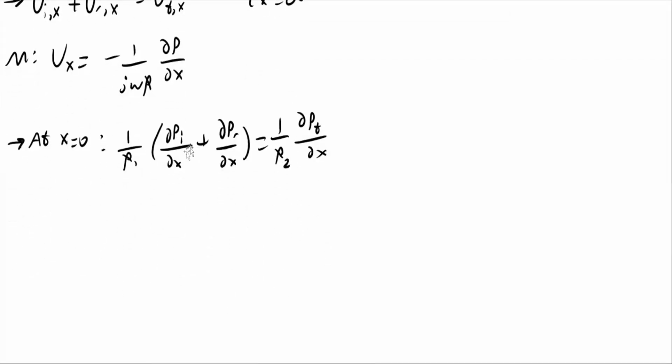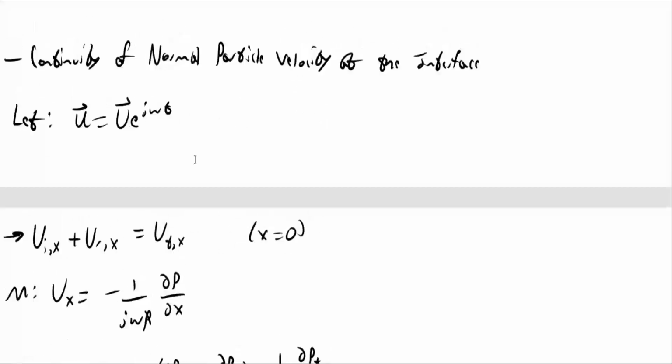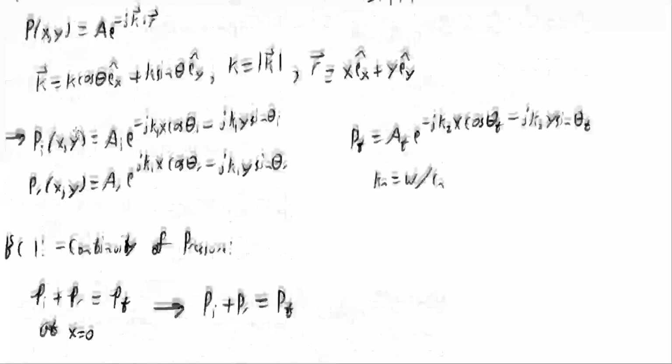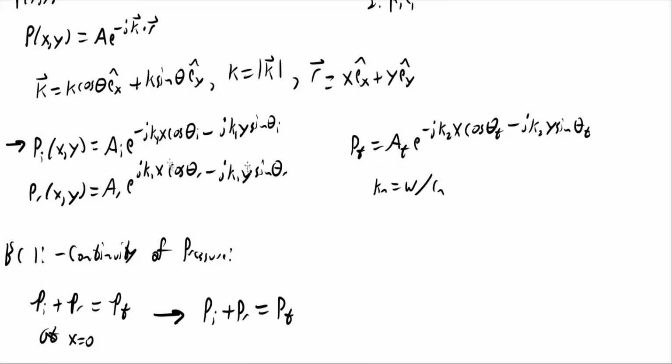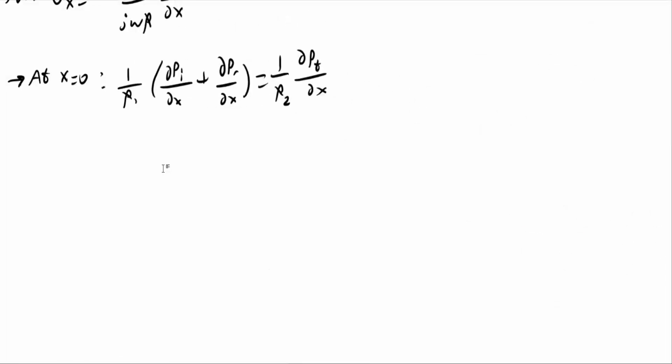Okay. Now, once we have this expression, we recall our equations for the complex pressure amplitude, capital PI, capital PR, capital PT. And we'll just simply take the x derivative of each of them.